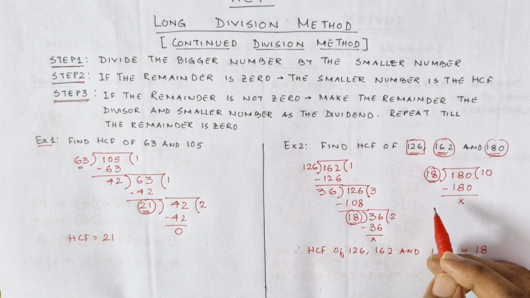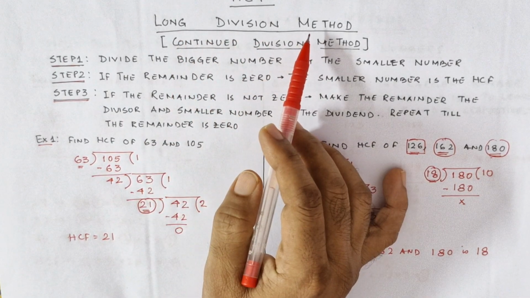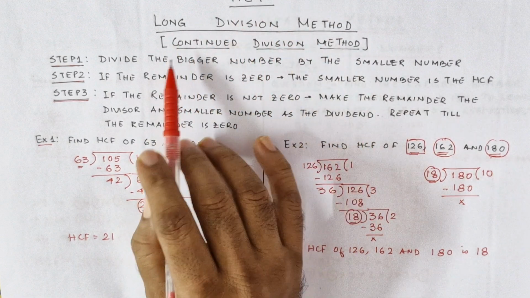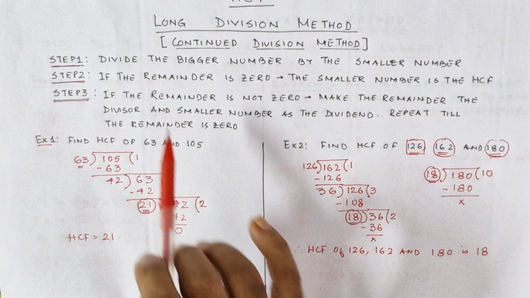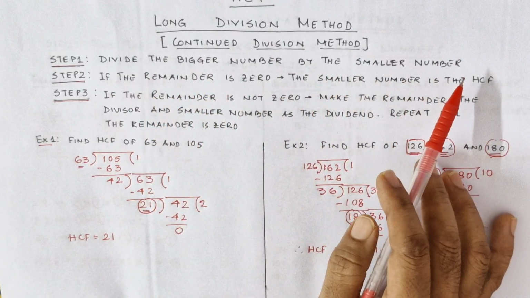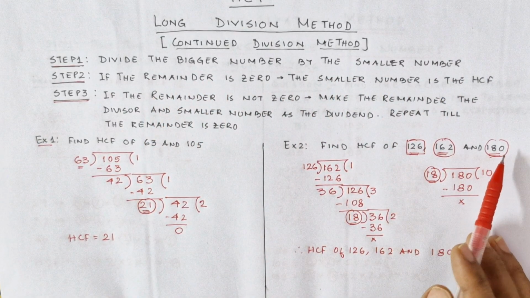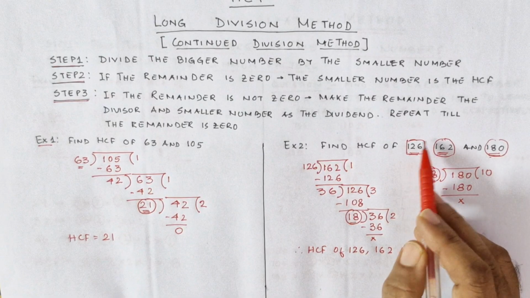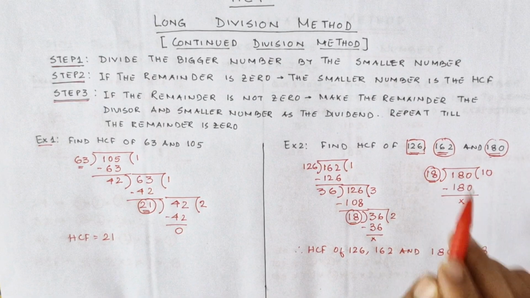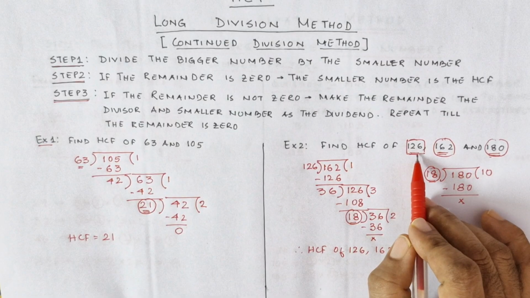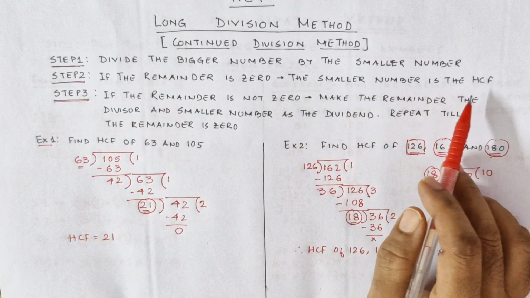Just repeat the same steps until you get 0 as the remainder, and the last divisor stands as the HCF of the numbers. Let's have a recap of the long division method, also known as the continued division method. Divide the bigger number by the smaller number. If there are three numbers, take the smallest and the next bigger number. If the remainder is 0, the smaller number is the HCF.